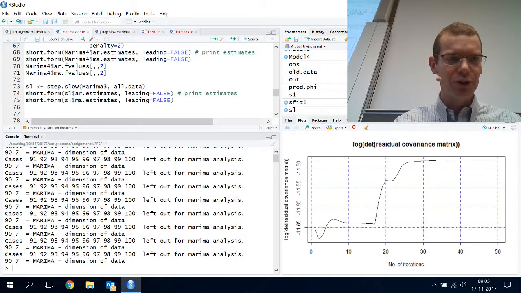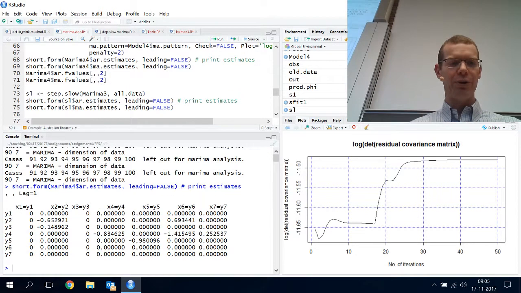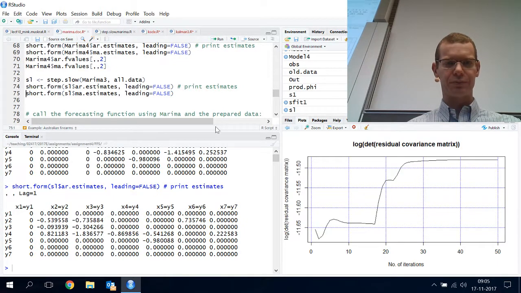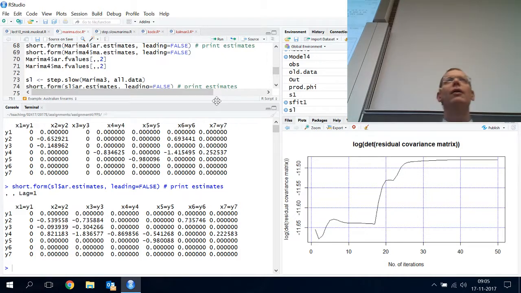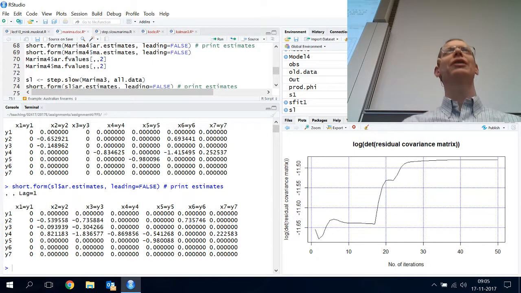Now let me just show you the AR parameters from before and after doing this. What you will notice is that up here we are left with very few parameters, but down here we have quite some more parameters. Some are the same, but some are totally different. Nothing up here depended on the third variable, but down here, 3 are actually significantly dependent on that.